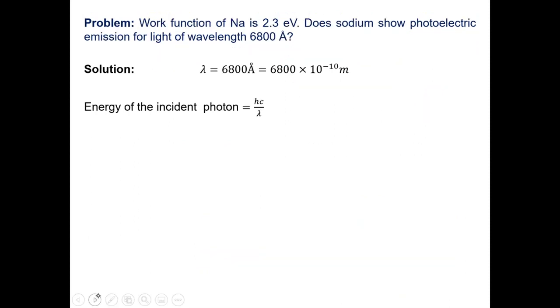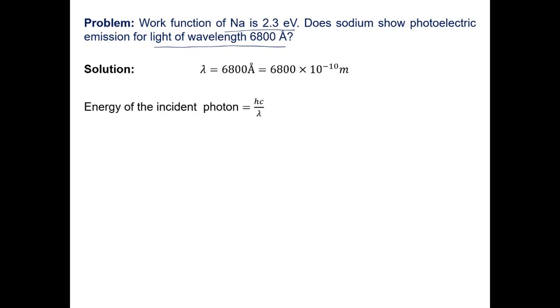Let's move to the next problem. So the next problem is that you have a light metal, sodium, and the work function of sodium is given as 2.3 electron volt. Now the question is, would sodium show photoelectric effect if the incident light has a wavelength of 6800 angstroms?